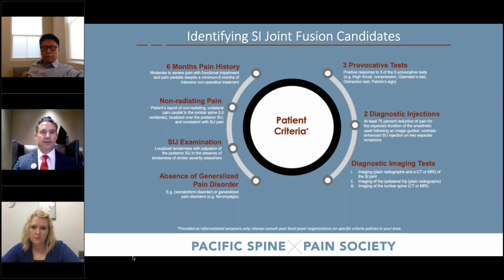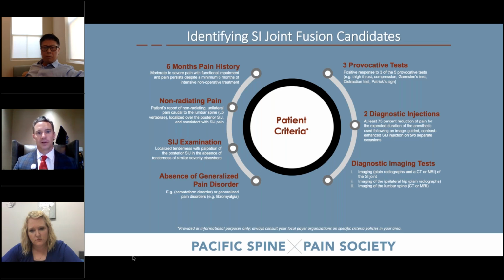As Eric highlighted, we need to see a physical examination that is consistent with SI joint dysfunction. Typically, 3 out of the 5 physical exam signs need to be positive. That doesn't include Fortin sign, which is just pain on palpation over the SI joint. It's nice to document that, but that's not one of your 5 physical exam signs.